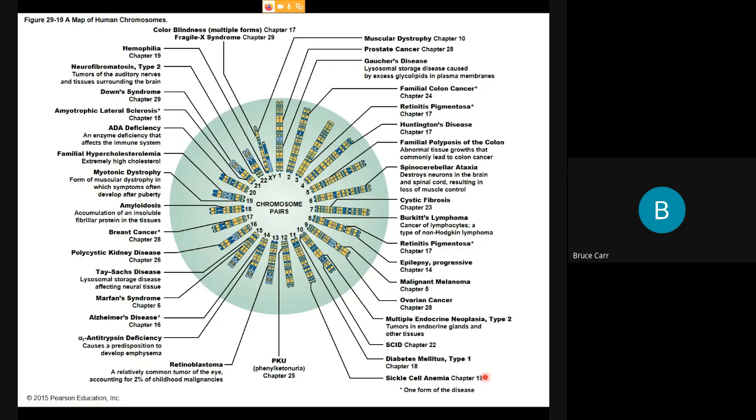Chapter 19 is where we discuss it. It is on the very end of chromosome number 11. This is what produces the beta chain in hemoglobin, and the mutation that causes the cells to sickle is located on that chromosome. We are now beginning to study these diseases in a brand new way.